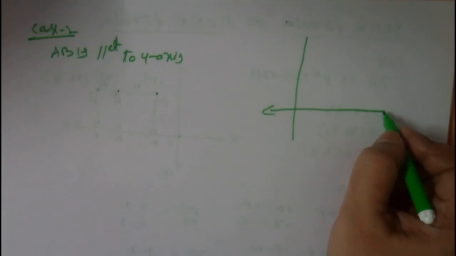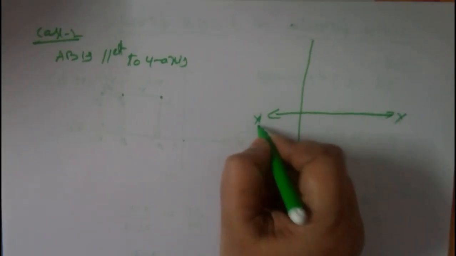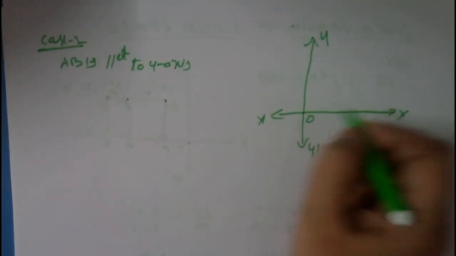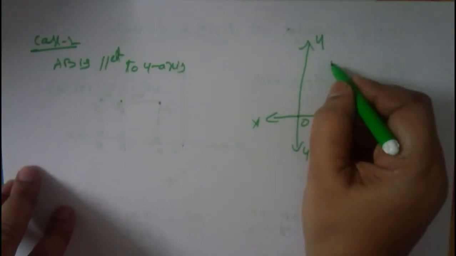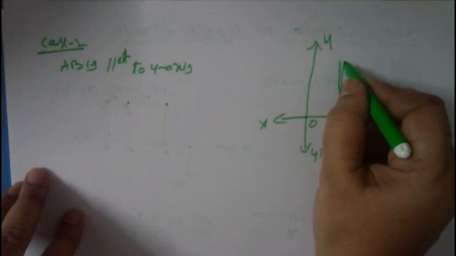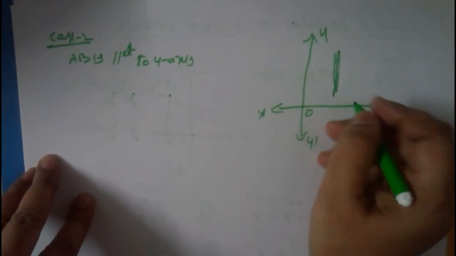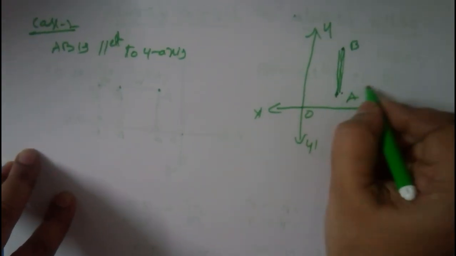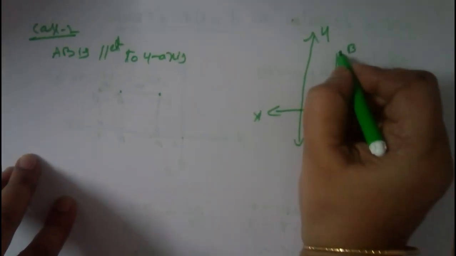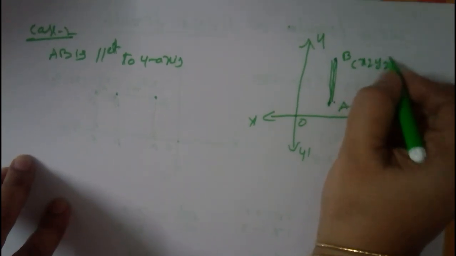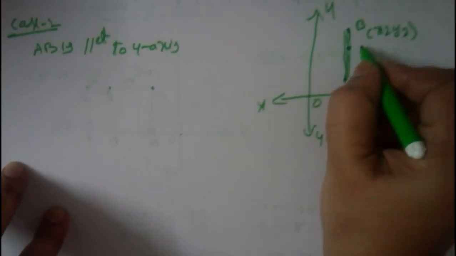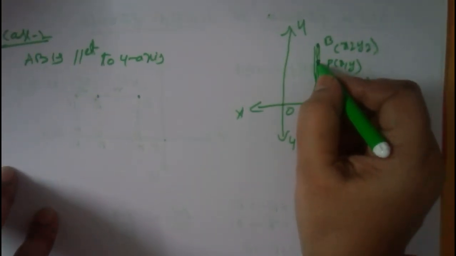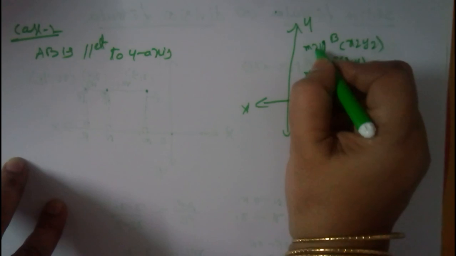This is the x-axis, this is the y-axis, origin. If AB is parallel to the y-axis, this is the point A, this is the point B. A (x1, y1), B (x2, y2). The point P (x, y) divides the line segment in the ratio m1 is to m2.